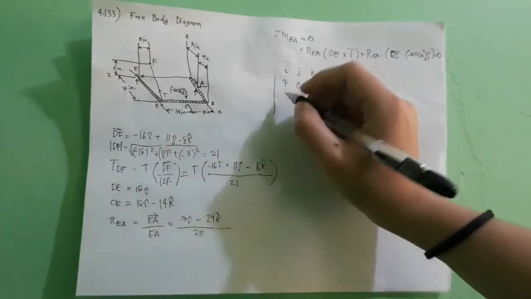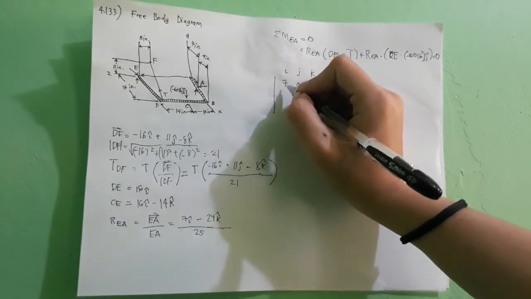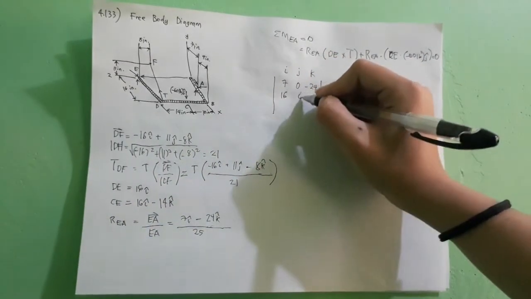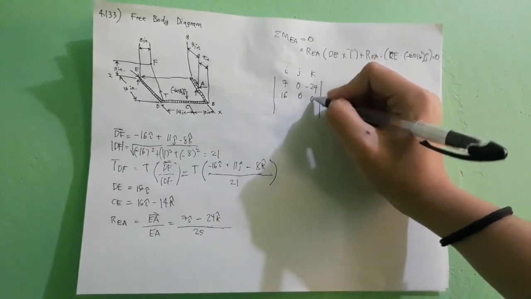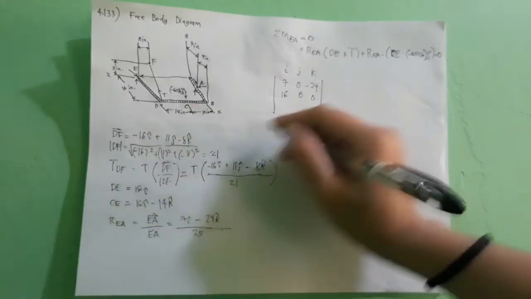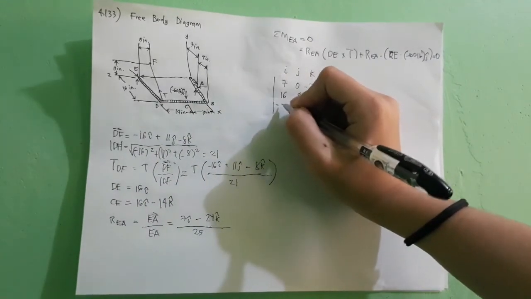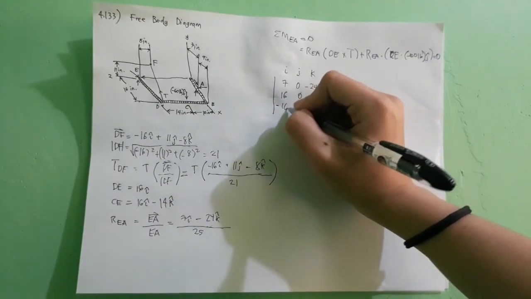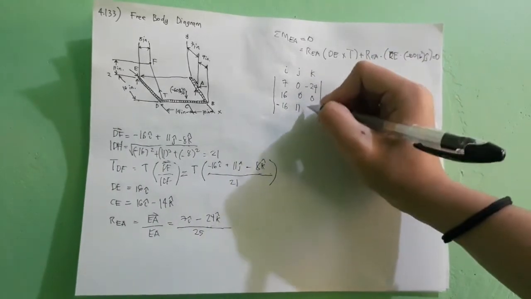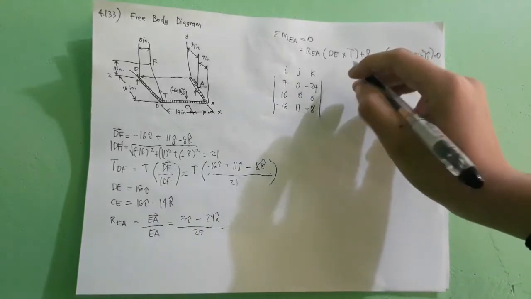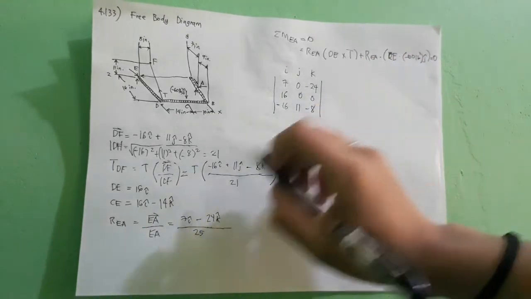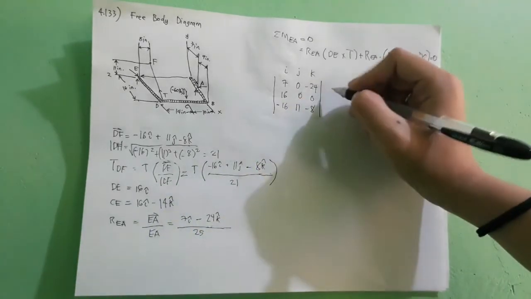Next is the DE: 16, 0, 0. Then the DF: negative 16, 11, negative 8, times the tension.